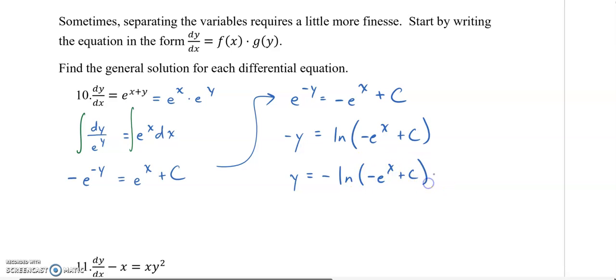Or if you want to get fancy with this, that negative turns into the negative 1 as the exponent, so we can take the natural log of 1 over negative e to the x plus c, or if you like, you can rewrite it as c minus e to the x. But you don't have to. If you're solving for y, you can definitely stop at this first piece right here.